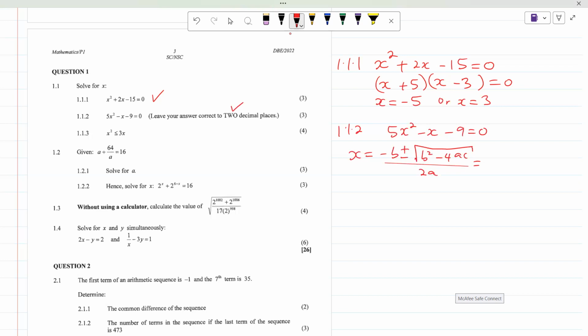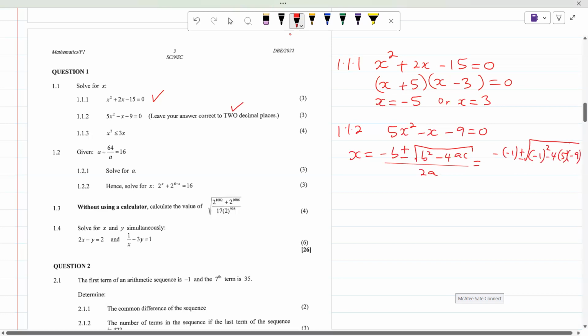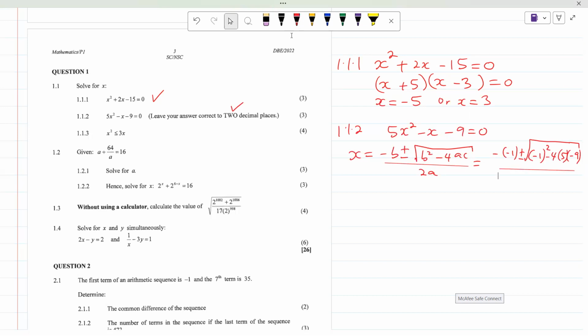So minus b is going to be minus minus 1, plus or minus the square root of the following: b squared, which is minus 1 squared, minus 4 times a, which is 5, times c, which is minus 9. And you divide every single bit by twice a, which is 2 times 5.